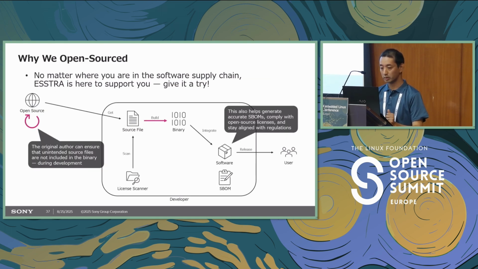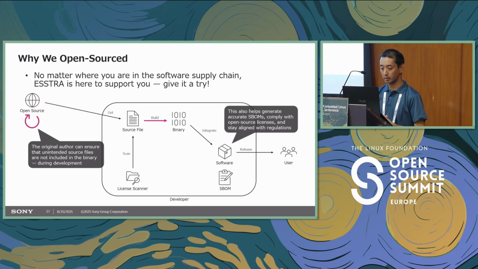Here, I want to explain why we open source ESSTRA. One reason is to help original authors check that unintended files are not included in their binaries. By using ESSTRA across the software supply chain, especially from the upstream side, we can improve the quality of open source software itself.